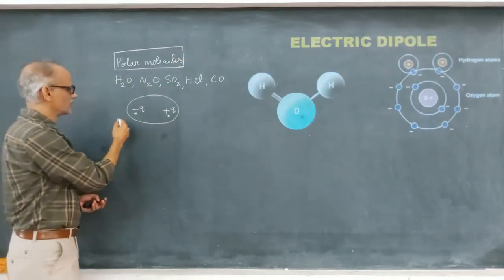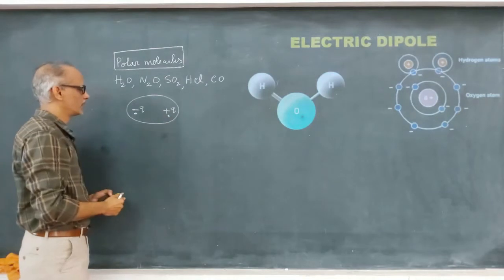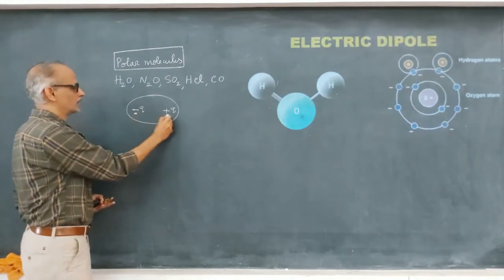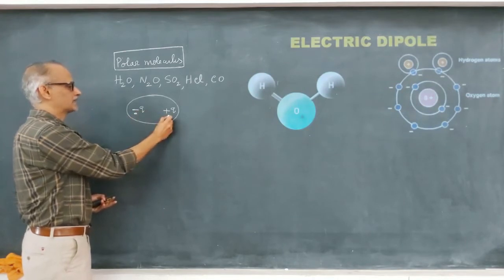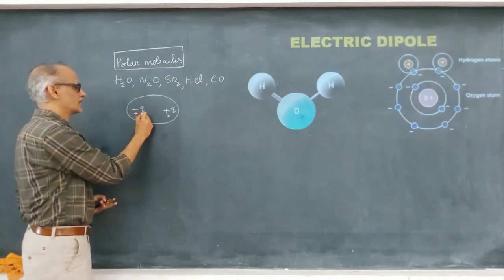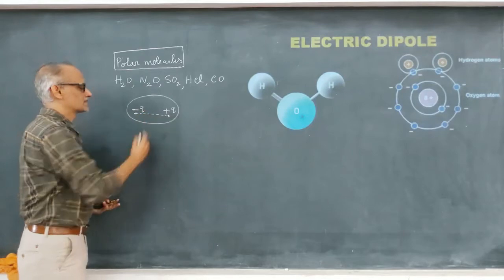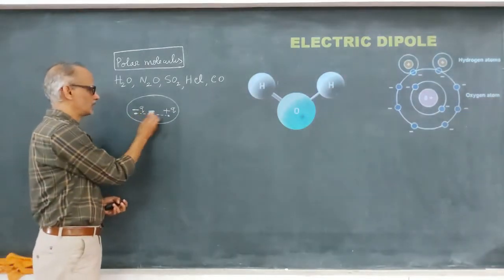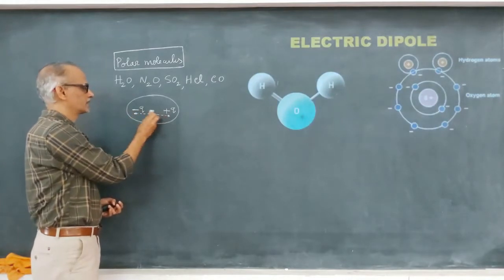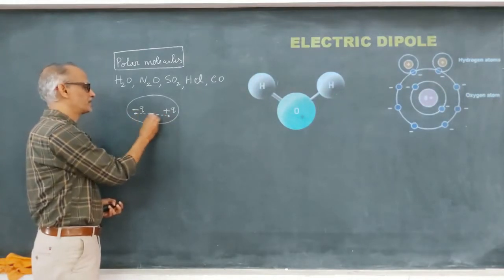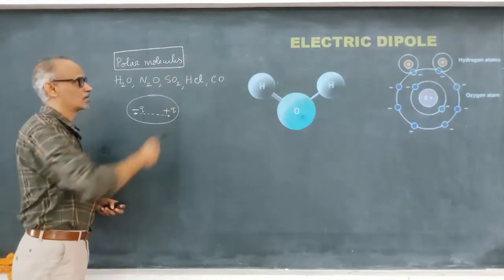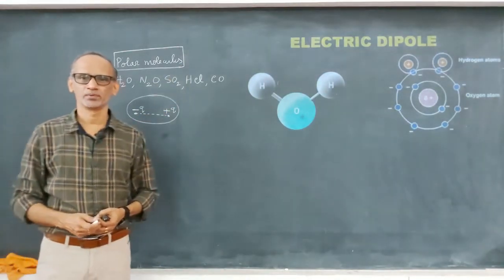Not only that, a polar molecule is also one where two equal unlike point charges are separated by a certain distance. Can we say that? Two equal unlike charges are separated by a very small distance, and such a system is called an electric dipole.